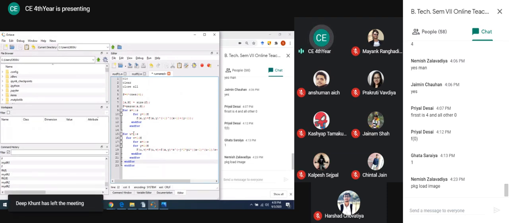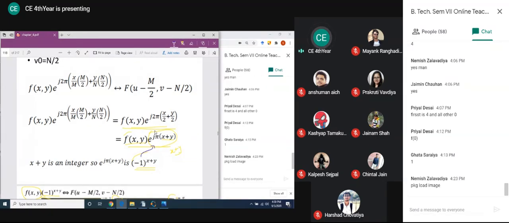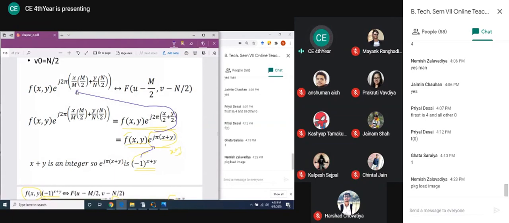Okay, so what do we have now? What I did, I took my input and multiplied f of xy with minus 1 raised to x plus y. So why did I do it? If I am multiplying this, that means I am multiplying the exponential, and what is the significance of this?